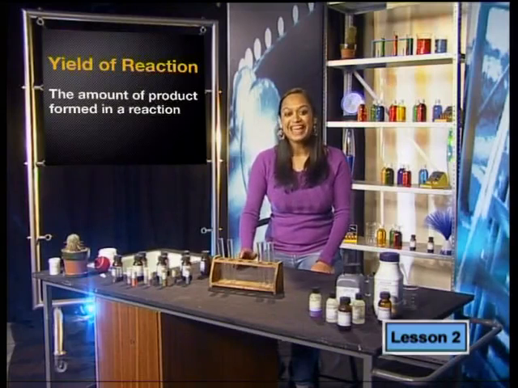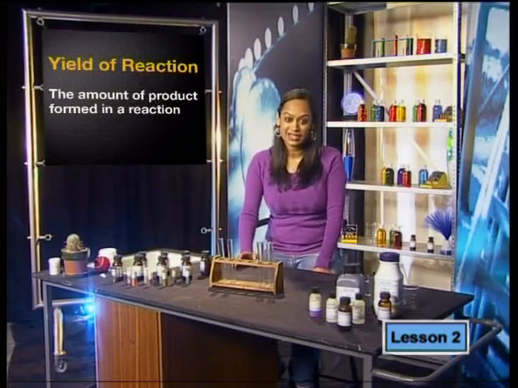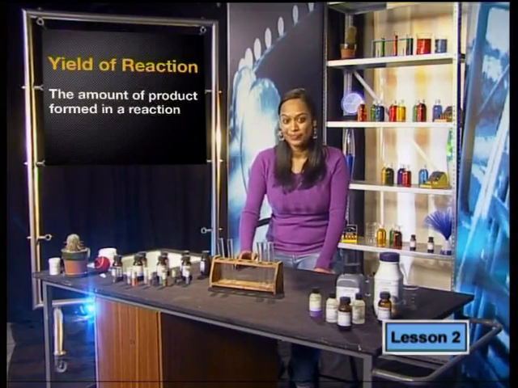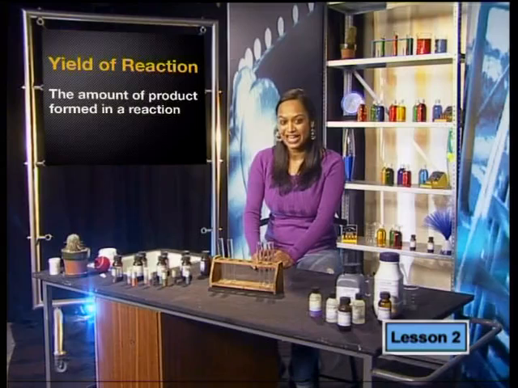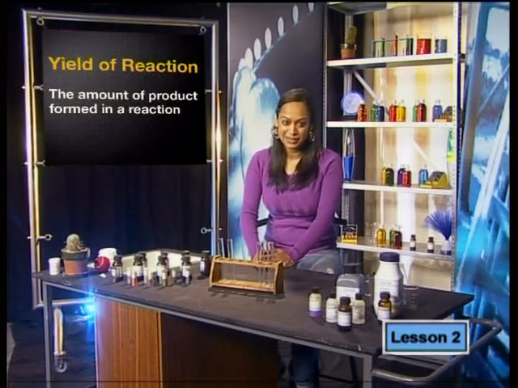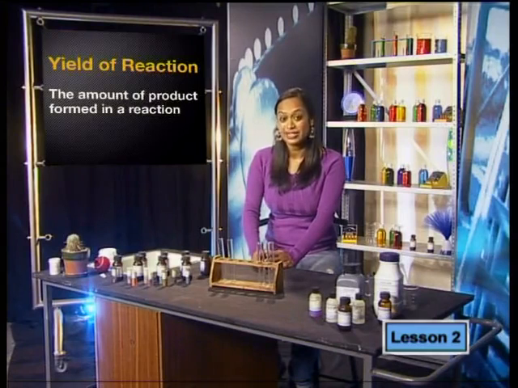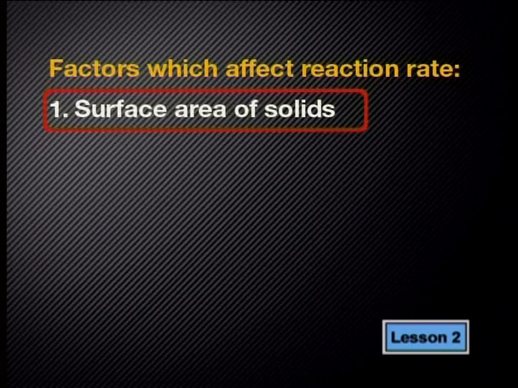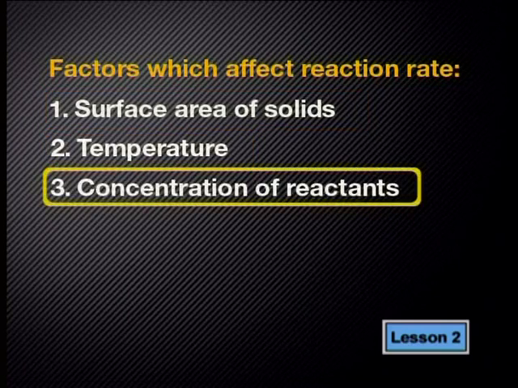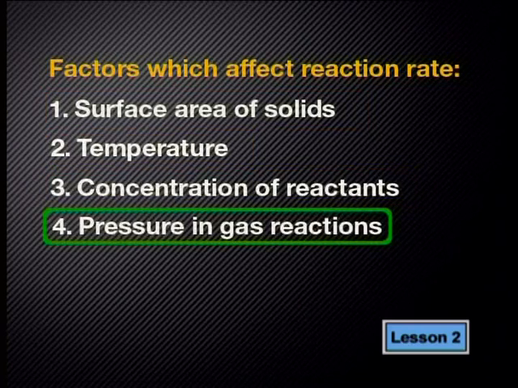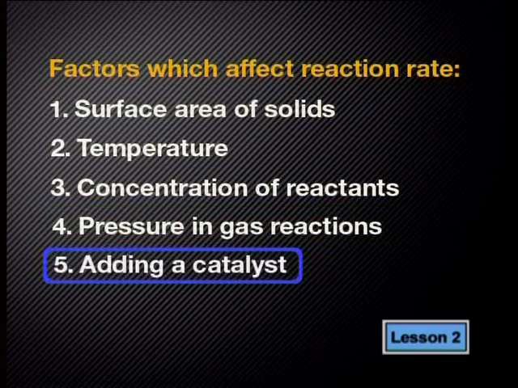However, we can change the time it takes for the product to form by changing the conditions that affect the rate of reaction. Remember, the 5 conditions which affect the reaction rate are the surface area of solids, the temperature, the concentration of reactants, pressure in gases, and adding a catalyst.